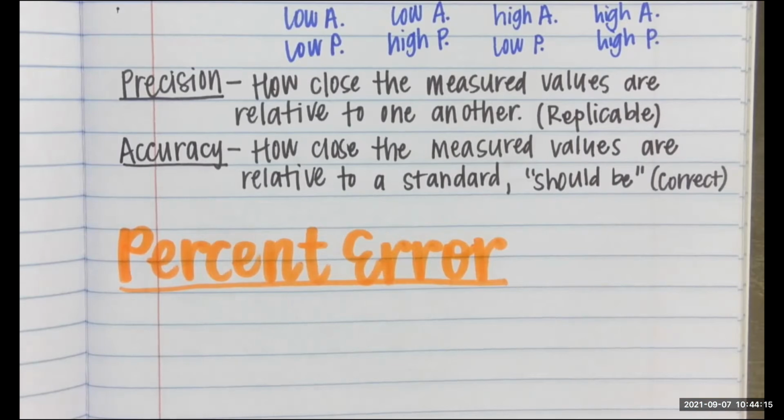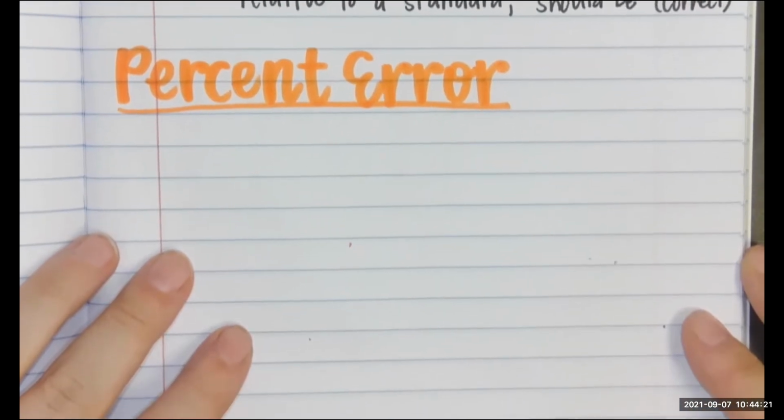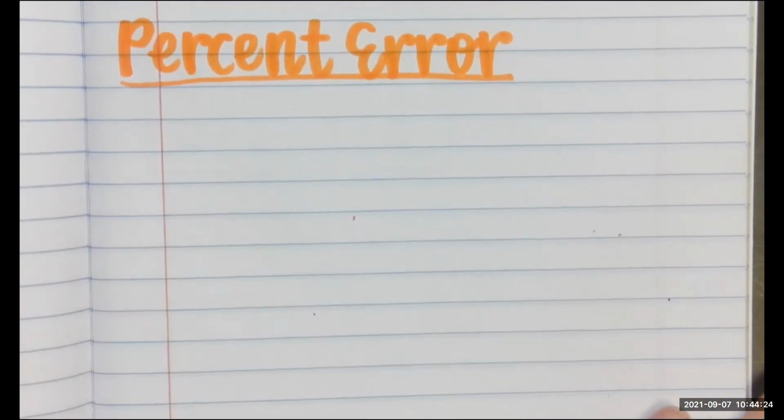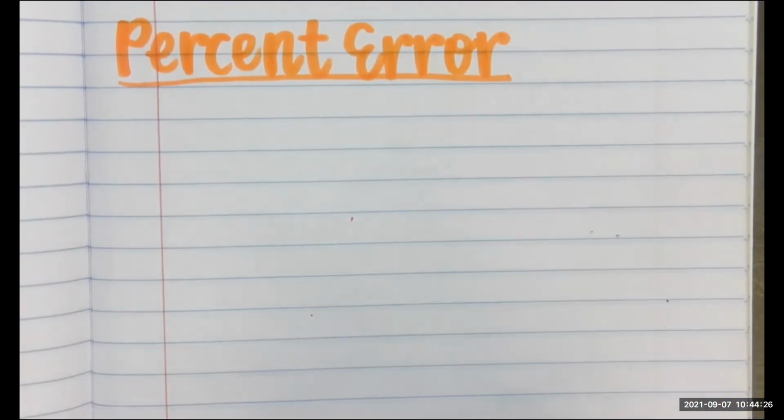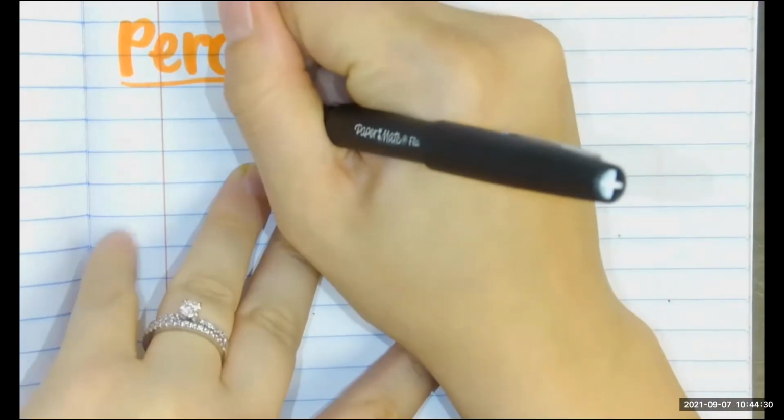So let me give you the formula first, and the formula is not going to make sense until we do a problem, but I'll still write it out. Just write it down. It doesn't make sense right now. That's okay.